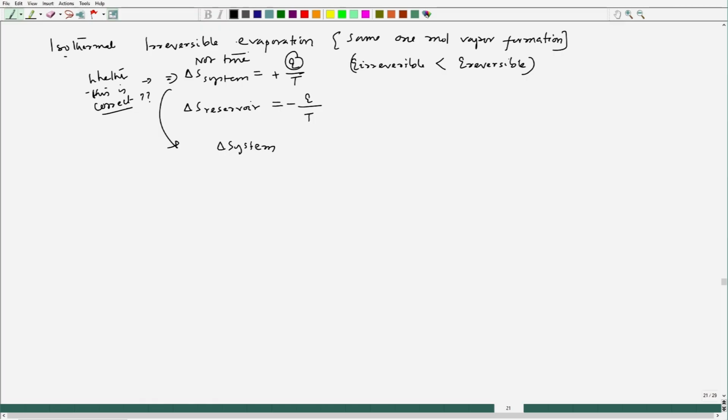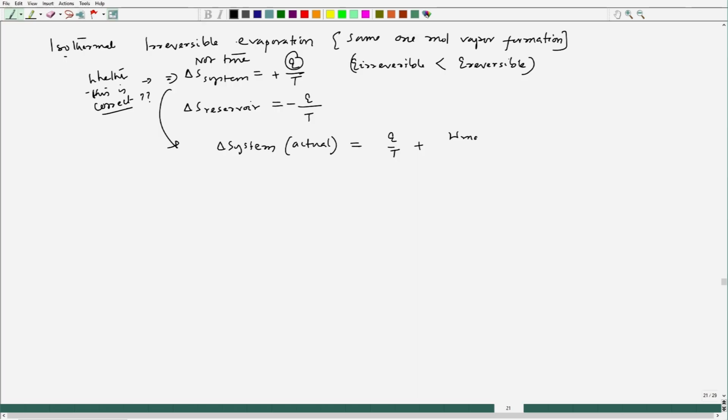Okay. So, that means actual del S system would be Q by T, that is basically the heat that is entering, plus the lost work that is converted to heat that is stored in the system, and that heat stored in the system will be giving some amount of entropy.